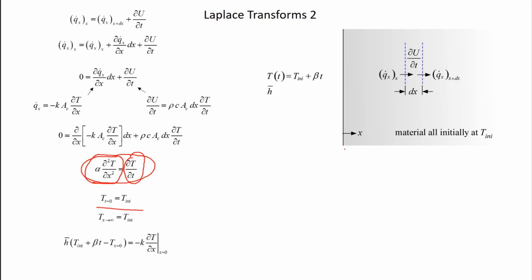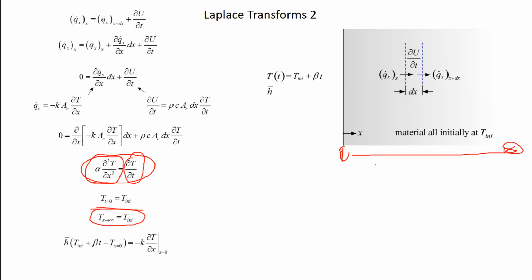So my computational domain goes from 0 to infinity, right? So I need a boundary condition at 0, and then I need a boundary condition at infinity. And the boundary condition at infinity is basically enforcing the idea that this is a semi-infinite body. So if I go far enough out into the material, I'm always guaranteed to find some material that has no idea anything happened at the surface and is still at T initial. So that's my boundary condition at infinity.